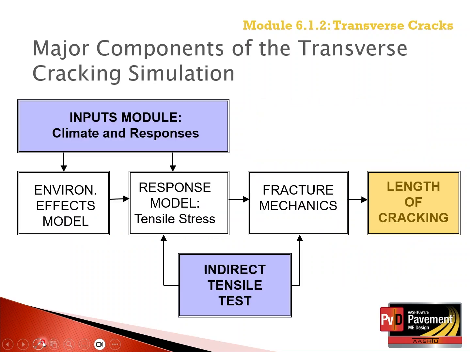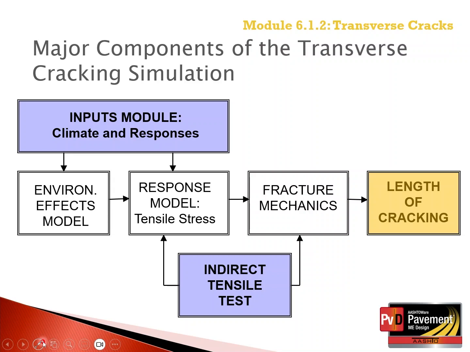The flow chart or diagram displayed in this slide provides an overall flow of the information and models needed for predicting the length of transverse cracks. The basic inputs are for the enhanced integrated climatic model and pavement response programs to calculate the tensile stress and stress intensity factors at the crack tip, which are the critical responses for predicting transverse cracks.